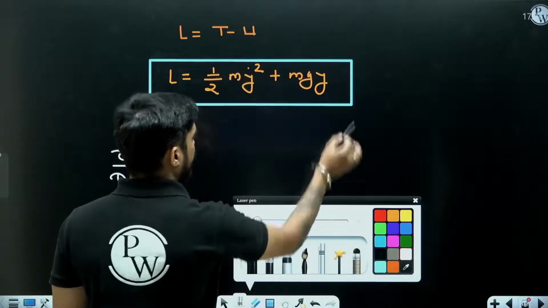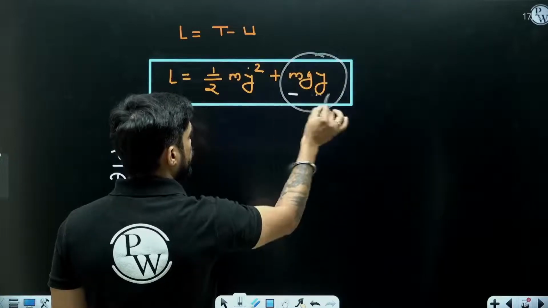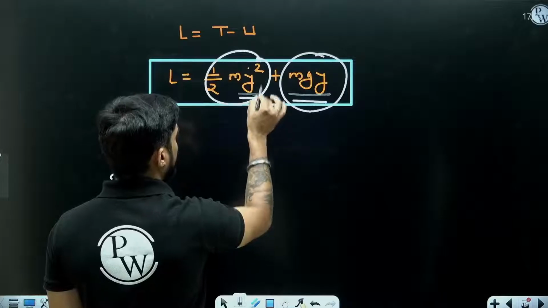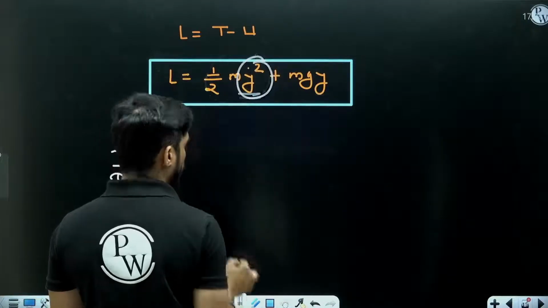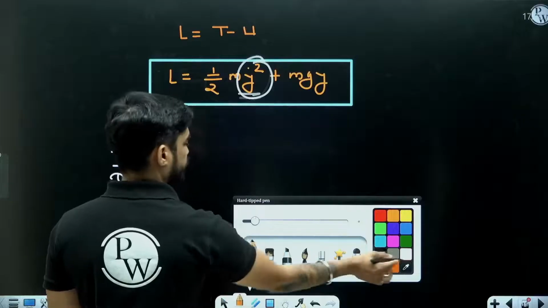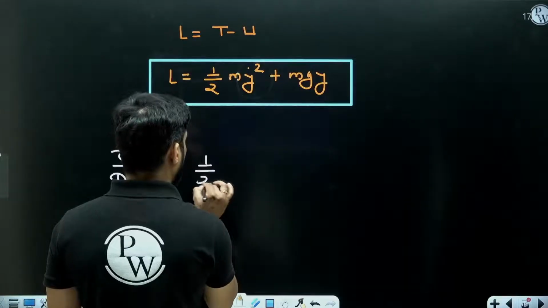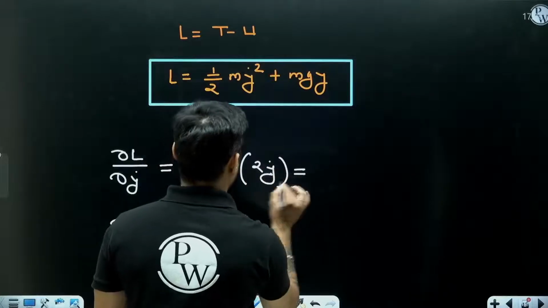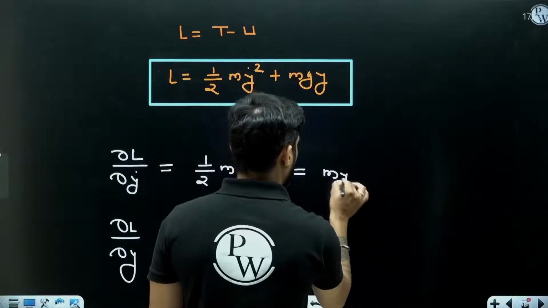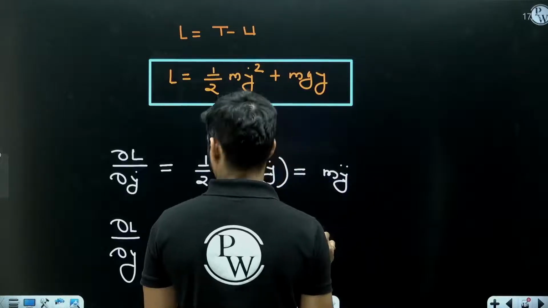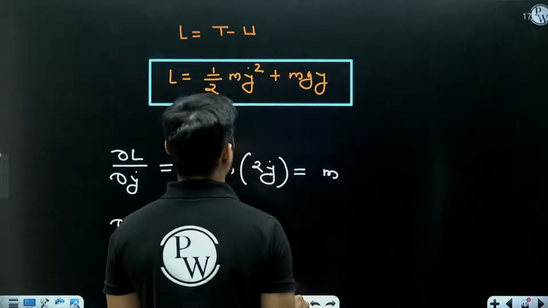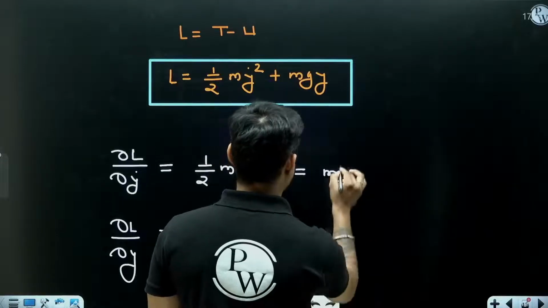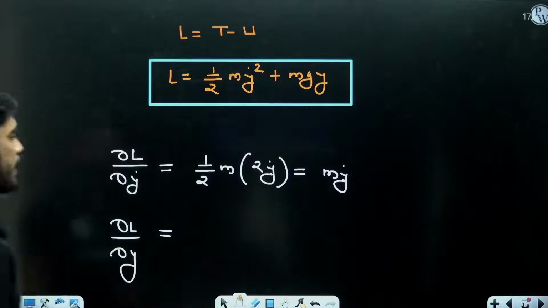This second term will become 0 because there is no y dot in this term, but there is y dot square here. If I differentiate this with respect to y dot, what will I get? One by 2 m, and this will become 2 y dot. 2 and 2 cancel, and you are getting m y dot.